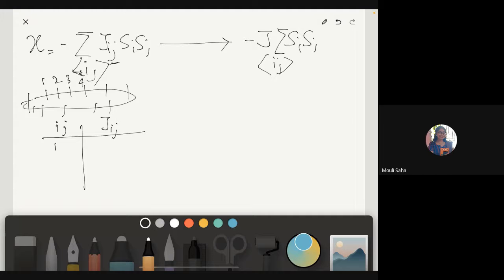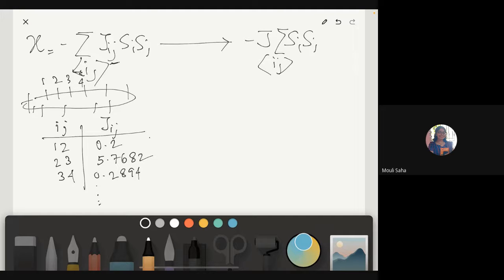Let's say 1, 2, J_ij is 0.2. 2, 3, J_ij is 5.7682. I don't know, some values. 3, 4, 0.2895, and so on.